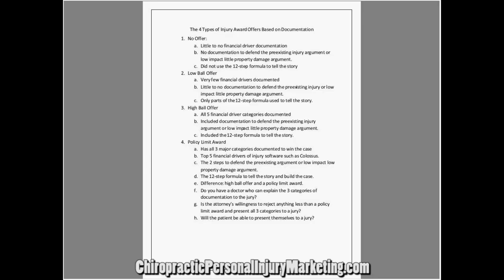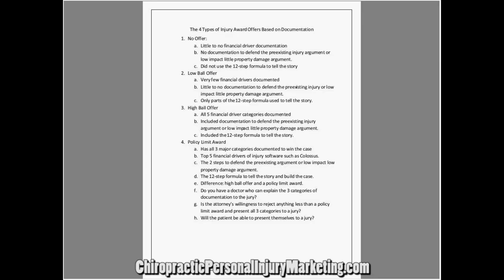It's either going to be the top 5 financial driver component, the 4 categories to defend the case component, or the component of the 12 categories to tell the story to support the case. That's how simple I've made it. The more that you have in each one of those categories, the greater the injury award goes.